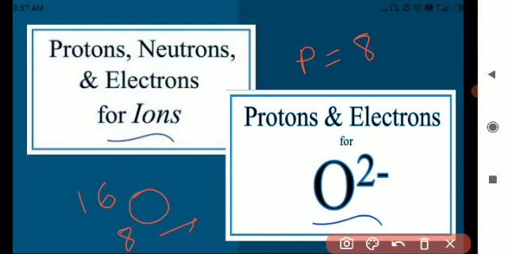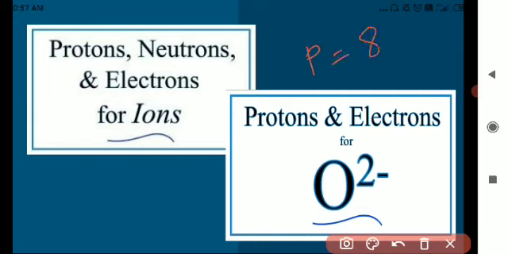And the number of neutrons we will calculate later on. Okay, so number of protons will be 8. What will be the number of electrons? When it was neutral, its number of electrons was 8. But as it has a minus 2 charge, that means what? Minus 2 means it has 2 more electrons.